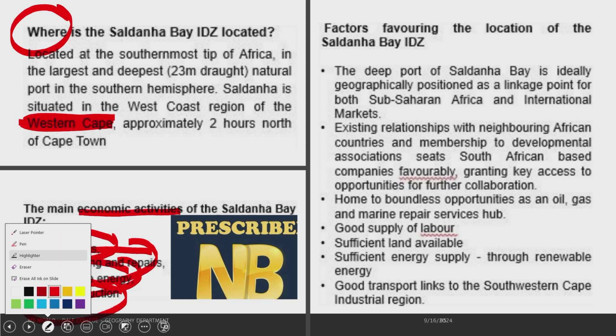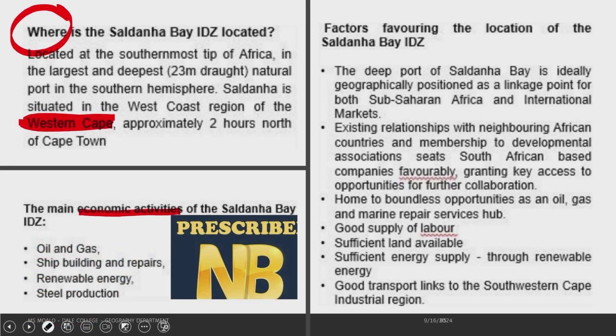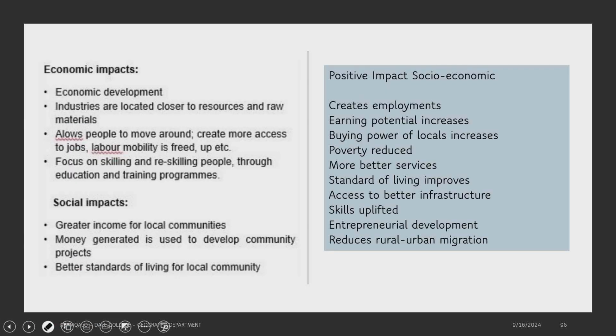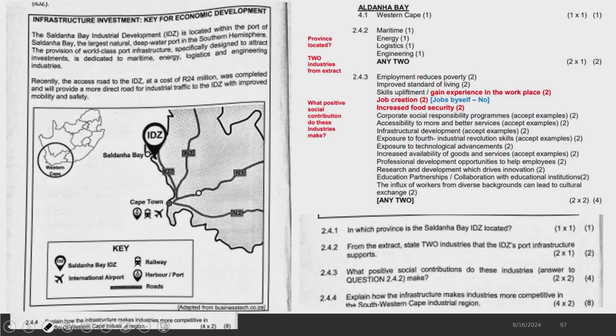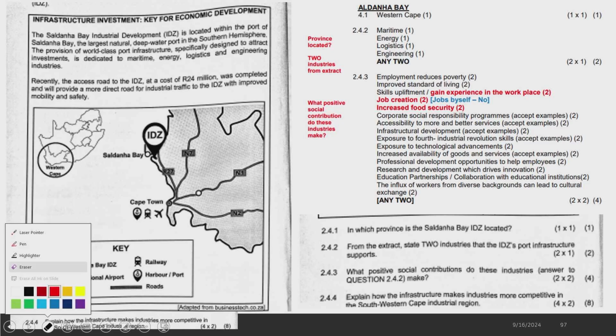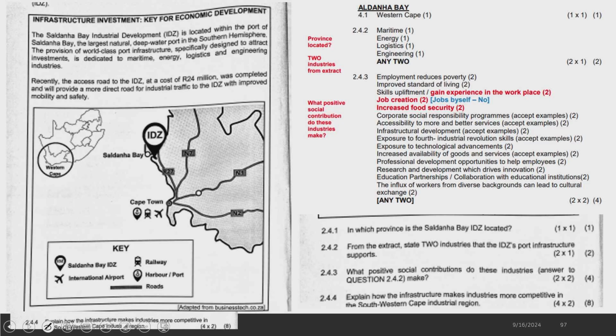I just want to highlight something. Okay, on this slide you'll see that they mention, we're going to get to it, but I'm just jumping ahead. 2.4.2, from the extract state two industries that the IDZ's port infrastructure supports. So there's maritime.